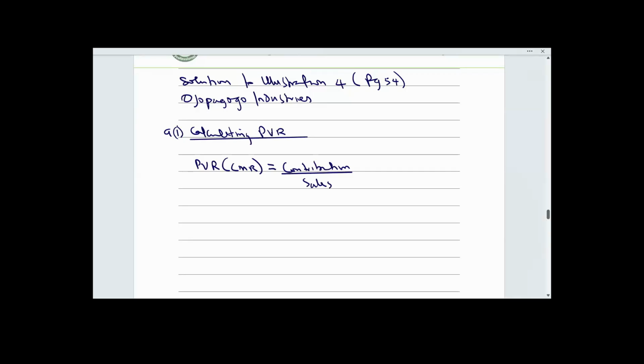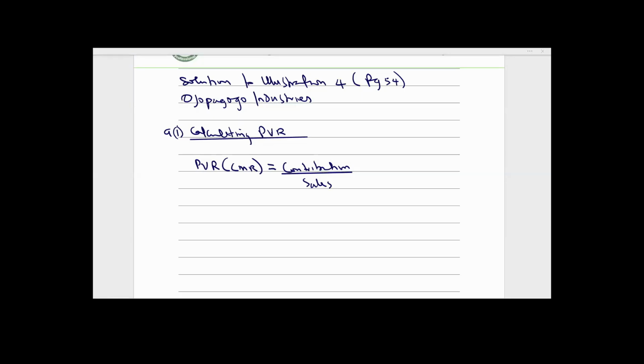The formula you are going to use will depend on the information available. When you look at the table given to you, you will notice that you are given total sales to be 1 million naira, minus variable cost of 800,000. That means we already have contribution margin of 200,000 naira.